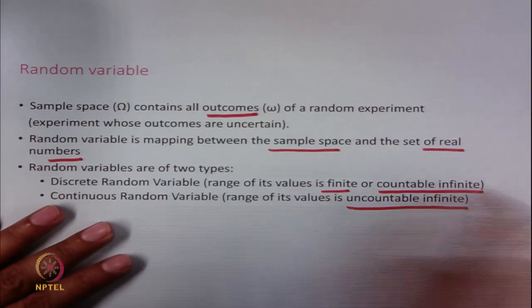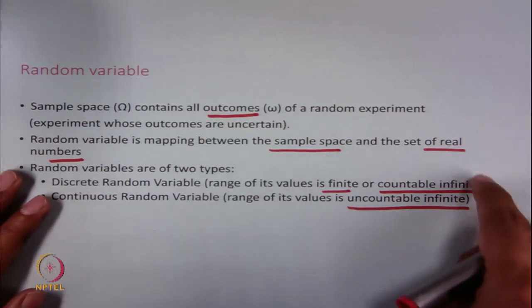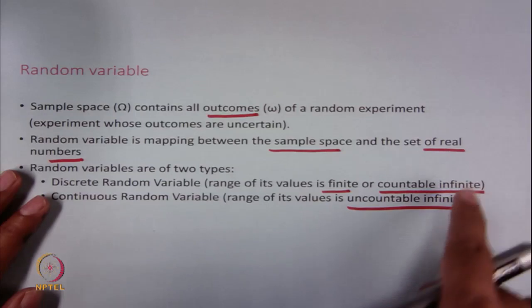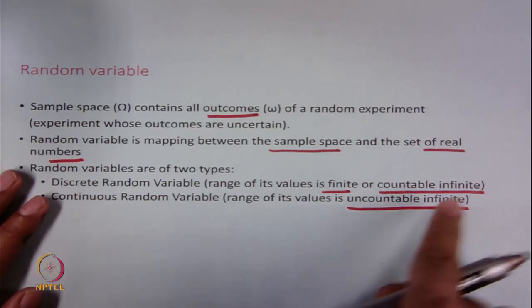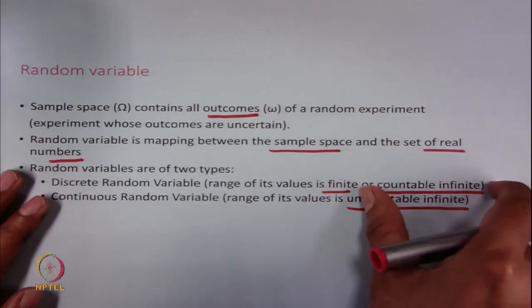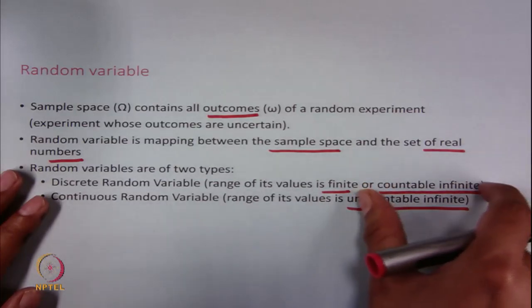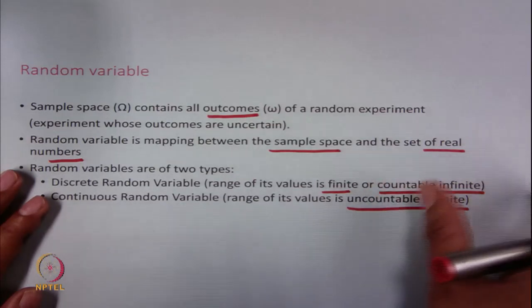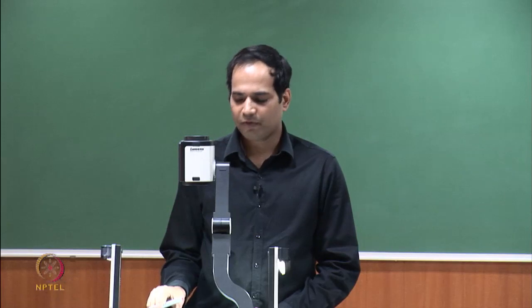Okay. So, we have already introduced these words countable infinity and uncountable infinity. Infinity is of different orders. You have a countable infinity which is exactly like the set of integers, and uncountable infinity is like when we are considering the set of real numbers.